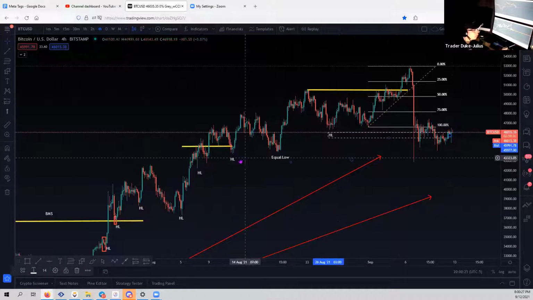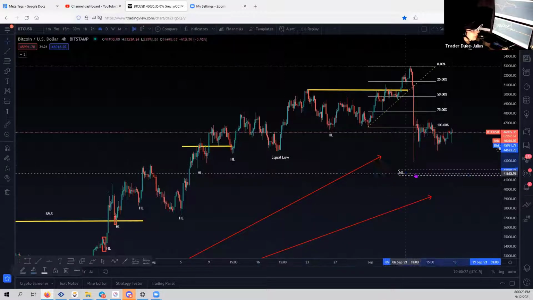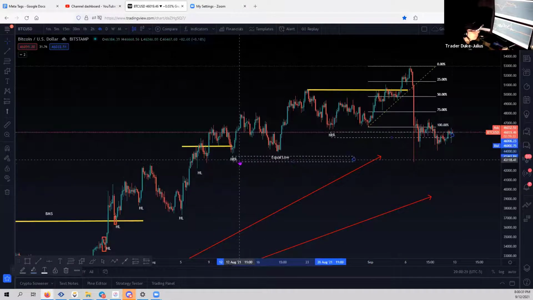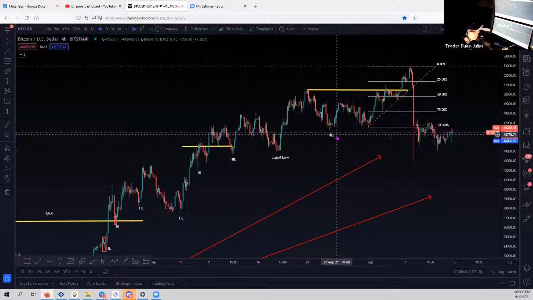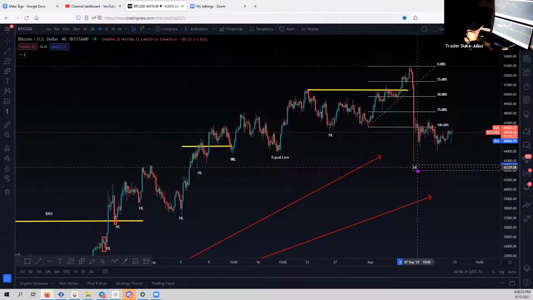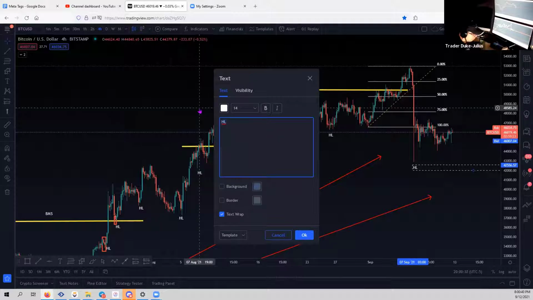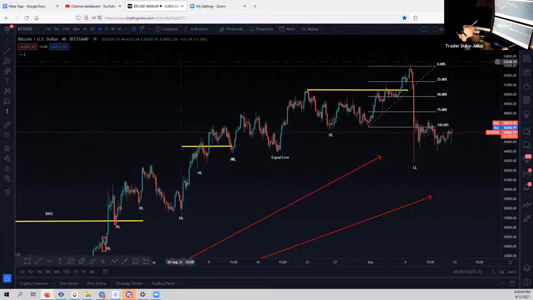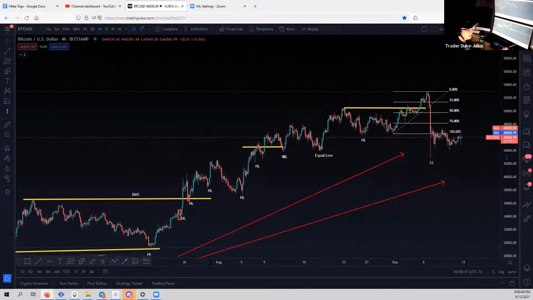Because if you notice, price is higher low, and then we have here a lower low, right? So I'm on the 4-hour chart, right?